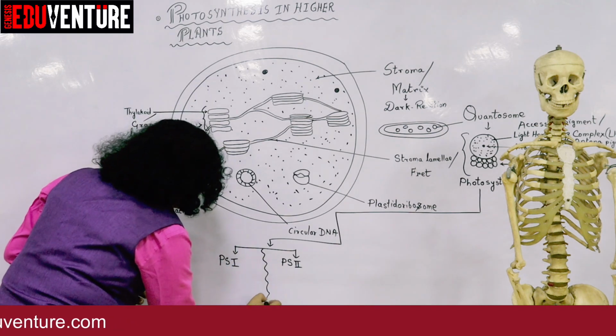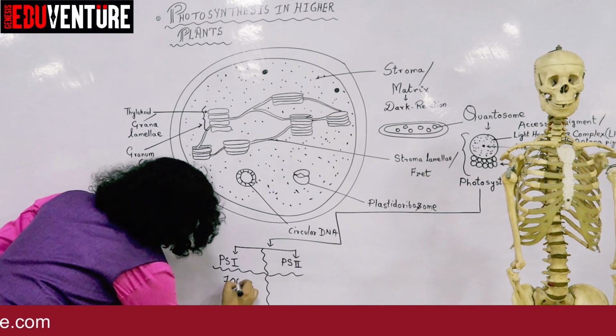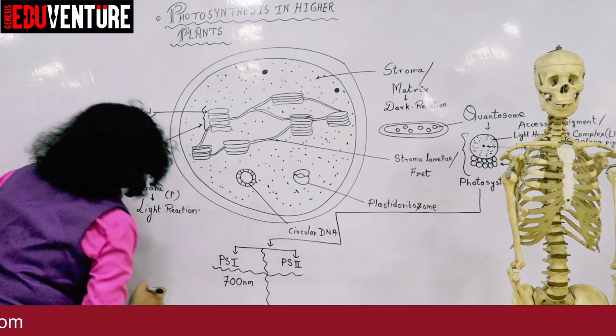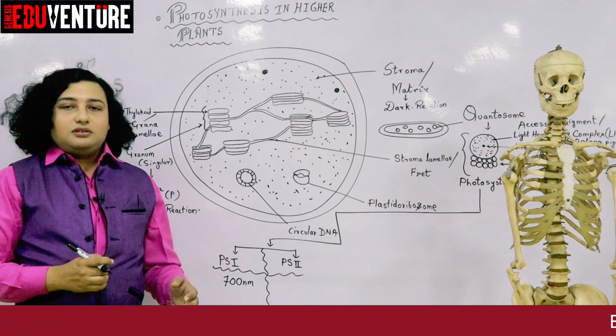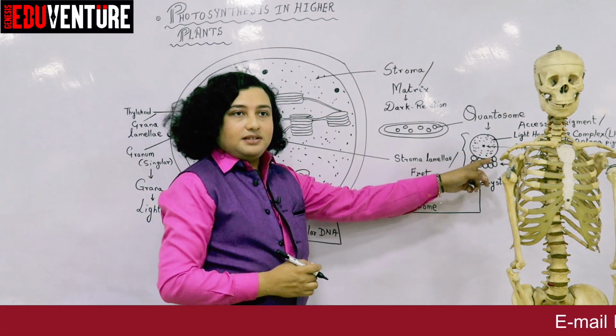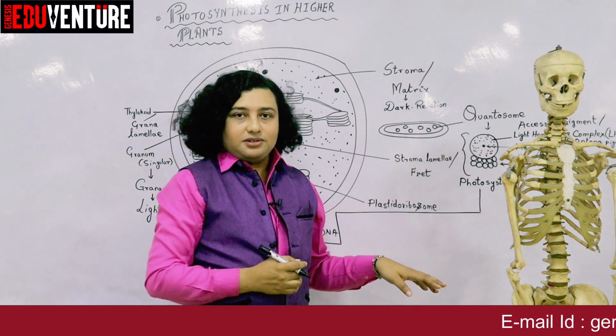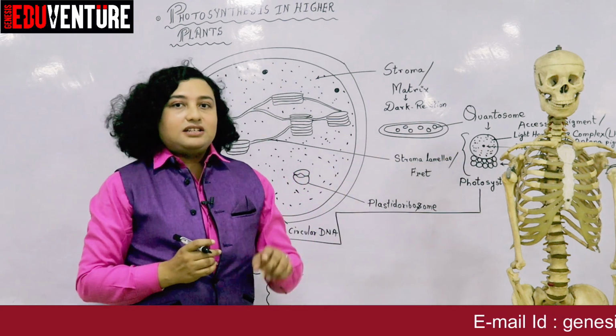Now photosystem 1 is concerned with absorption of 700 nanometer of light. That means at 700 nanometer, the single molecule of chlorophyll A present at the reaction center and serving as the main pigment gets activated.